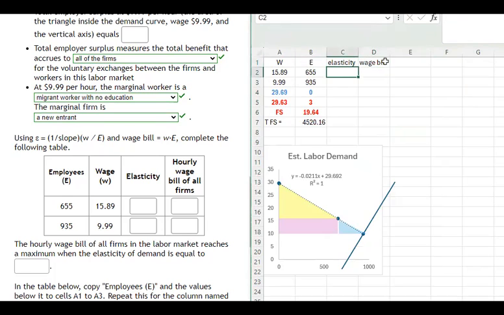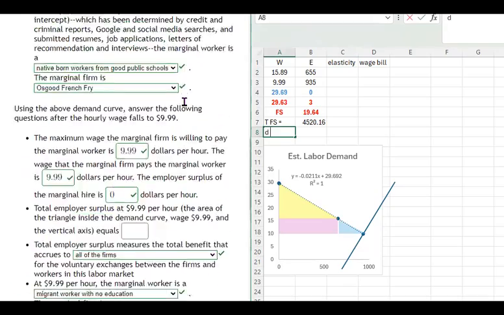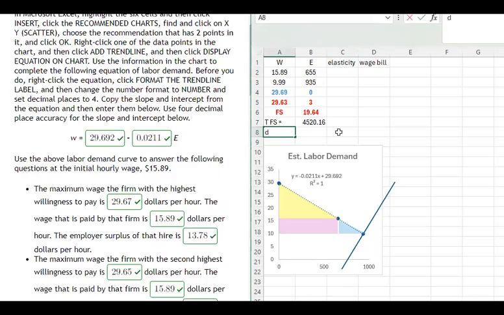Okay, so to calculate the elasticity, we need 1 divided by the slope, right? So the change in the wage rate divided by the change in employment.